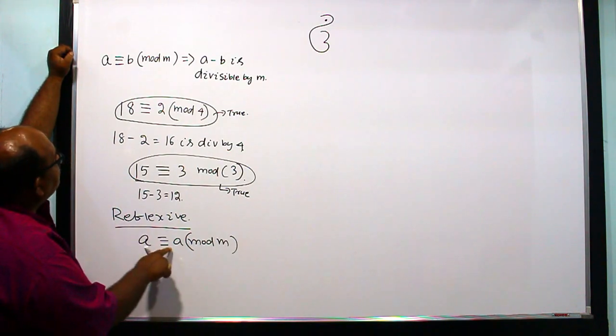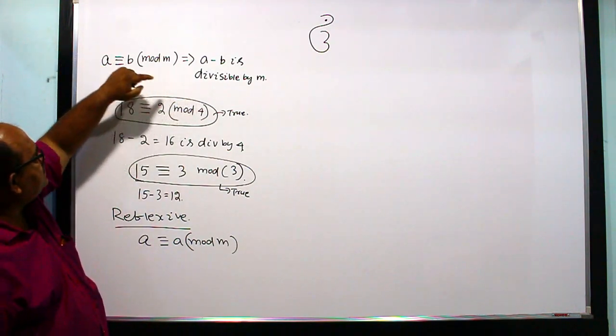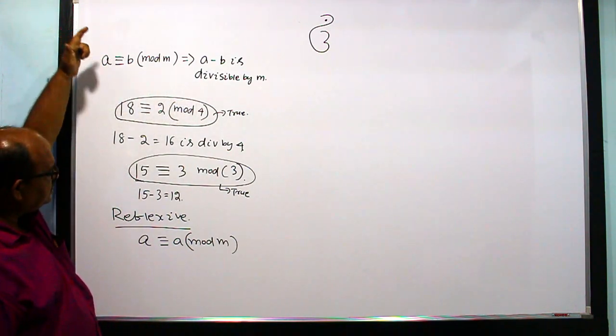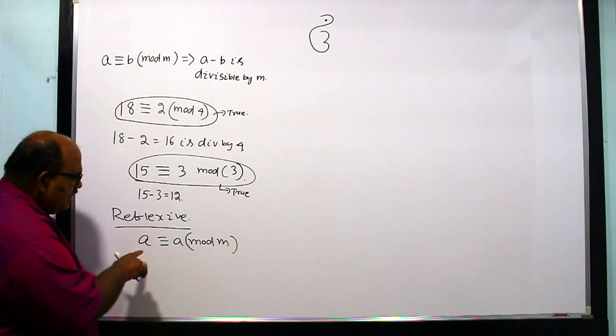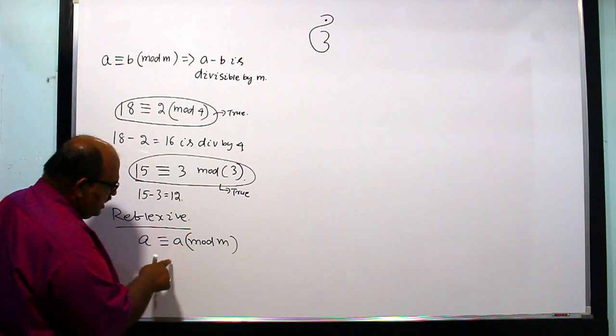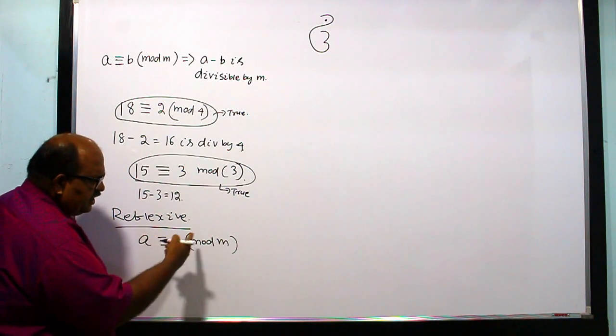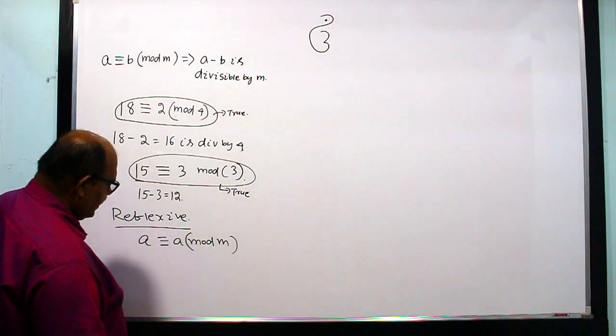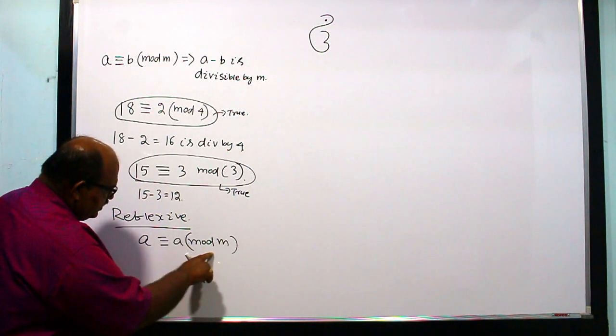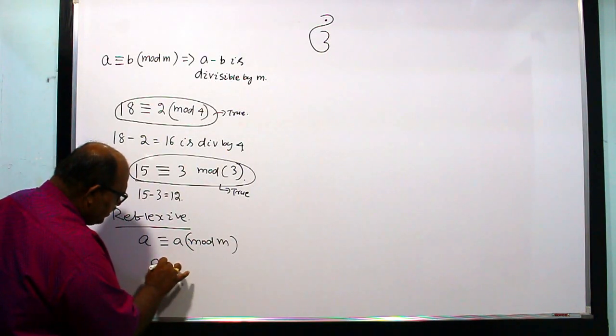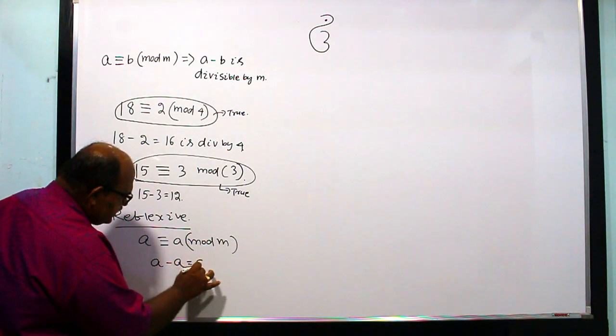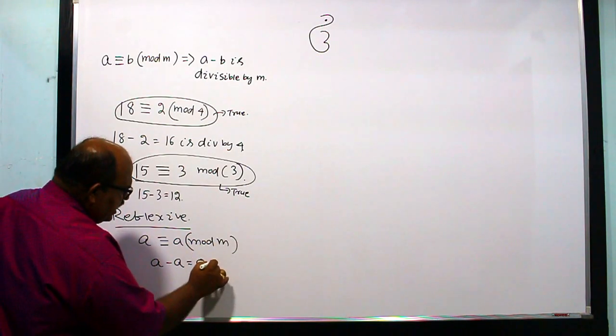This A is certainly an integer, because this relation is defined on the set of integers. So any integer, does it maintain the relation with itself? Now look at the meaning of this relation: A minus A is 0. Is 0 divisible by M?